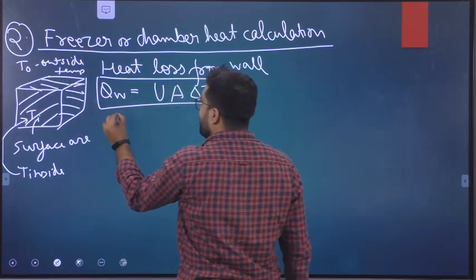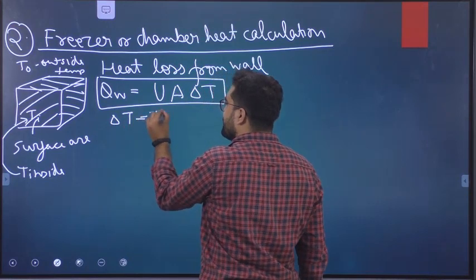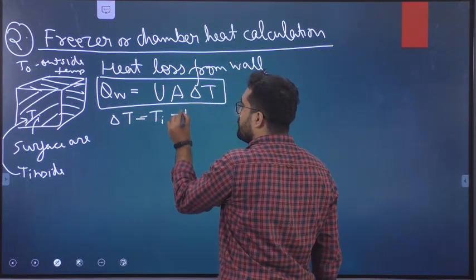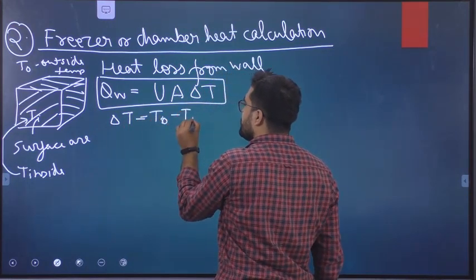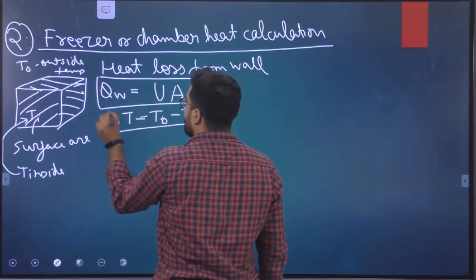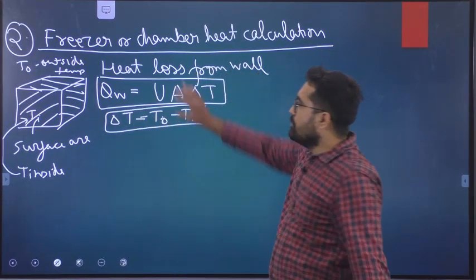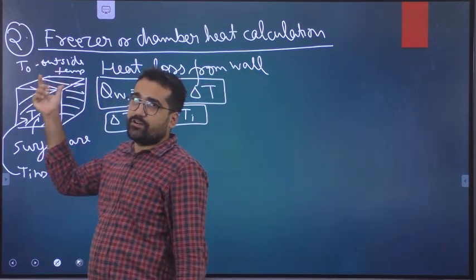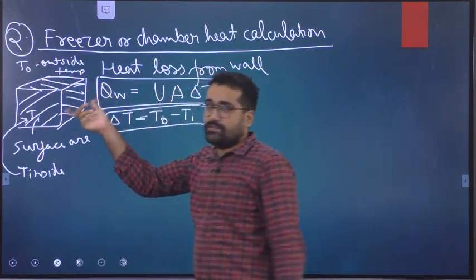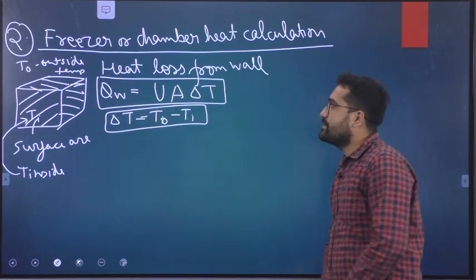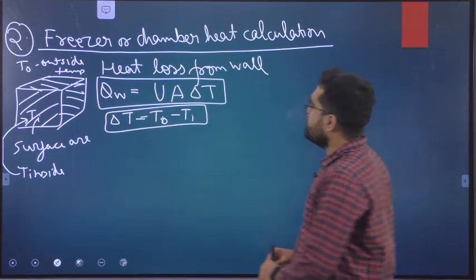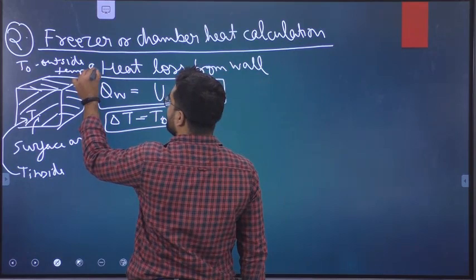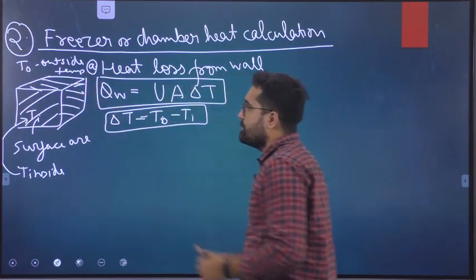So delta T will equal the outside temperature minus the inside temperature. U will be the overall coefficient. If it is a composite wall, we have to design it as a composite wall. U will be the overall coefficient of heat. So the first one is the heat loss because of the walls.